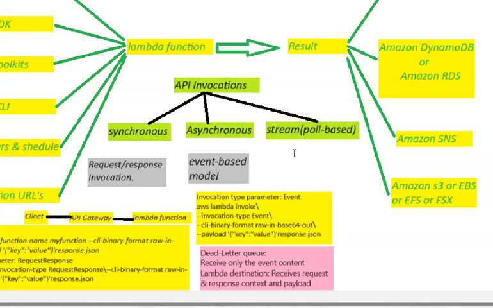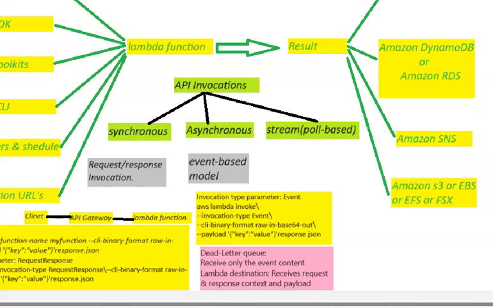Filtering happens, and based on your match case only, it will filter and provide the data to the Lambda function. To process items from streams or queues, you can create an event source mapping to process the items which are present in streams or queues. You need to use event source mapping.